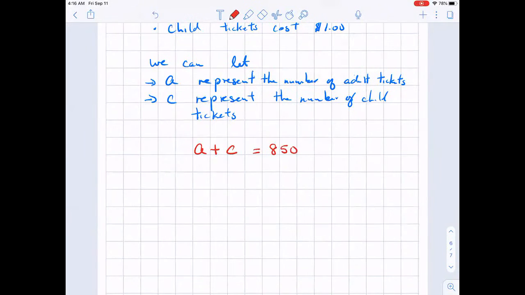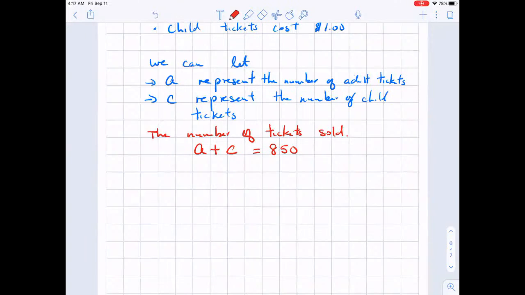Okay? Right? The number of tickets sold, X or A plus Y or C, is equal to 850.